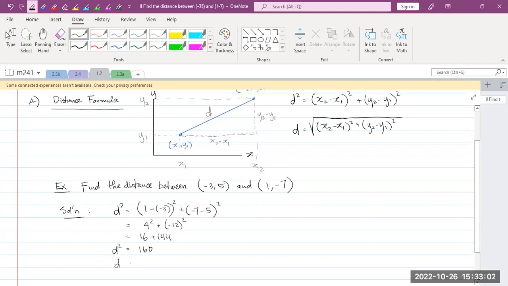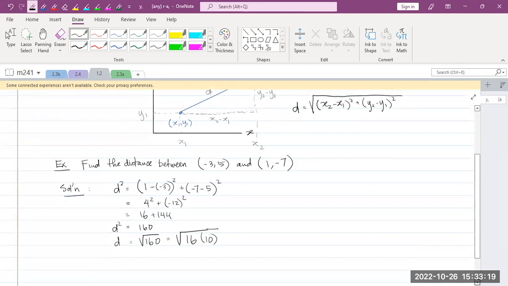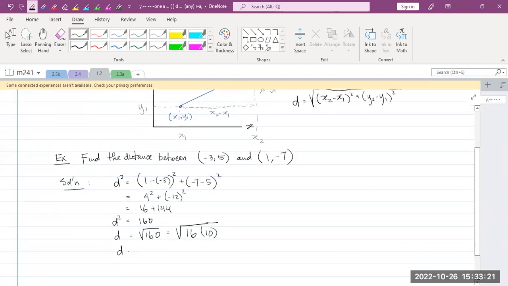So d must be the square root of 160, which happens to be the square root of 16 times 10, which becomes 4 times the square root of 10, because 16 gives us 4. 10 is not a square number, so we leave it inside the square root.